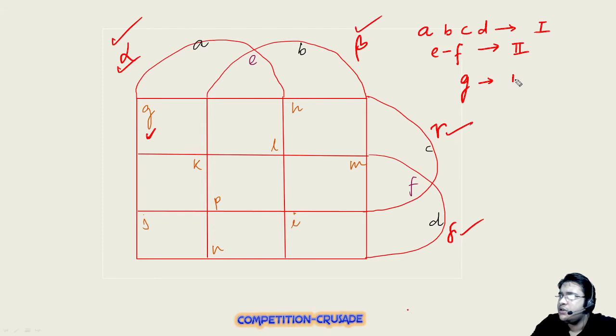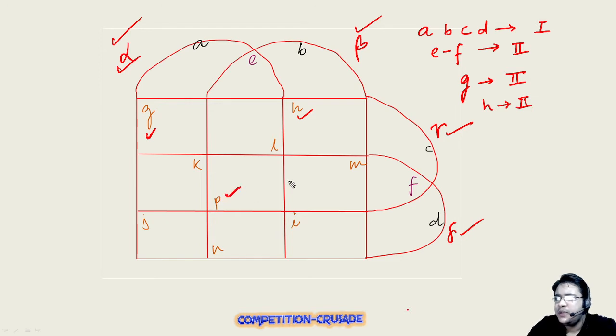So G is also exactly 2. Similarly, what can we say about H? H is present in beta, it is present in gamma, but not in alpha, because this entire area is for alpha. H is not there, so this H will be exactly 2, and so on and so forth.